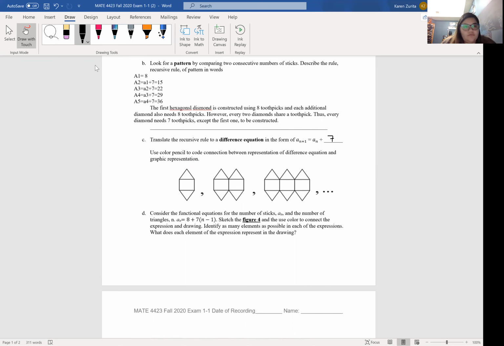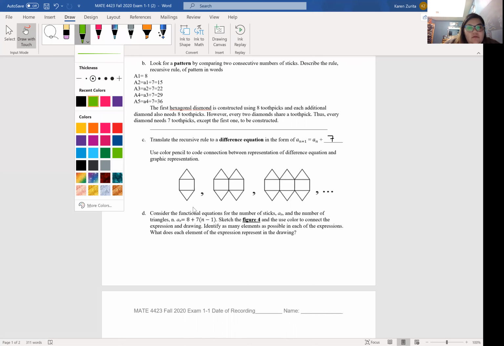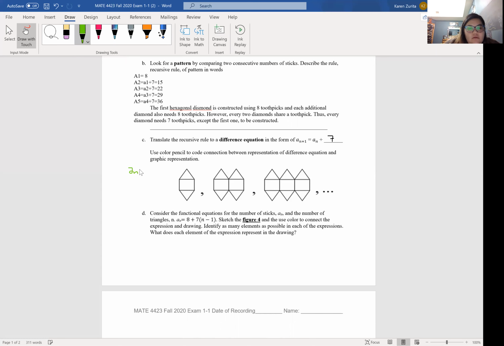Now we can color code this. So here A of 1 equals 8. So these are the 8 toothpicks that we have in the beginning.